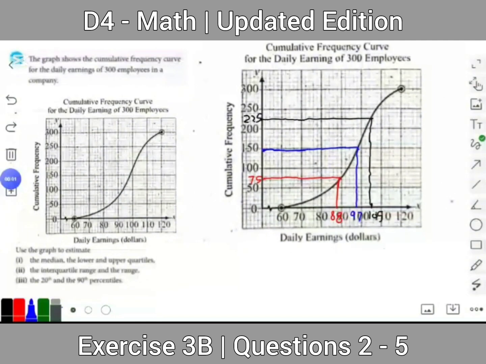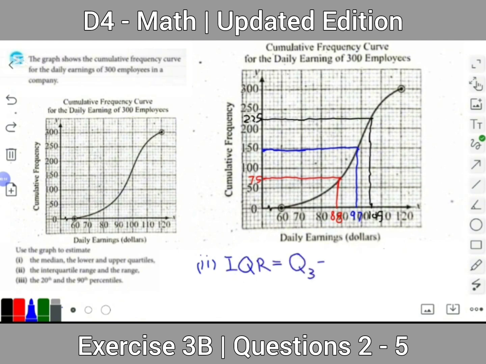Now in part 2, use the graph to estimate the interquartile range and the range. So the estimated interquartile range can be found by using the formula Q3 minus Q1. So the estimated values of Q3 and Q1 are 105 minus 88, and it will be equal to $17.